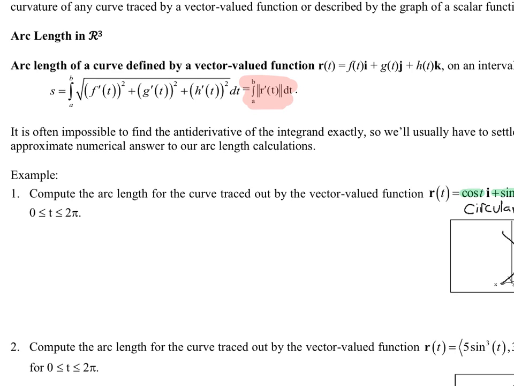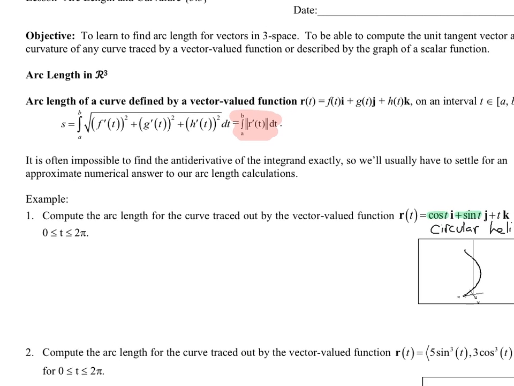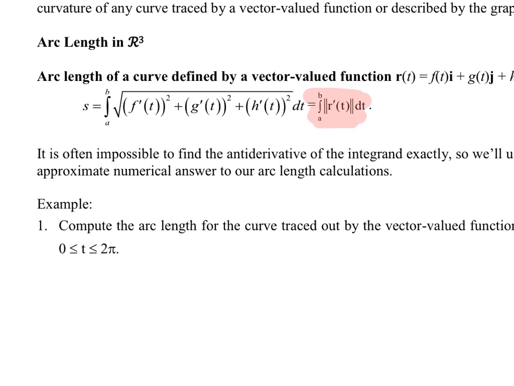And as long as I know what I'm taking the magnitude of, I'm going to be in good shape. Also, a magnitude's a distance, right? So if you're finding a distance between 2 points, you are finding the arc length of the line segment connecting those 2 points. So conceptually, it ties together very nicely.